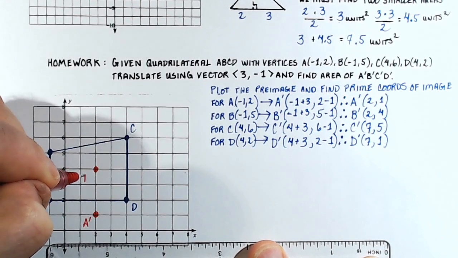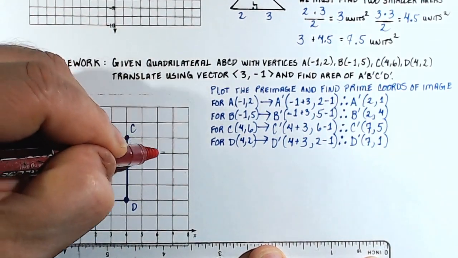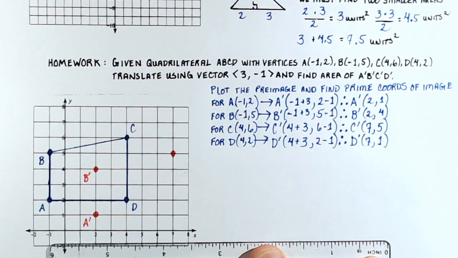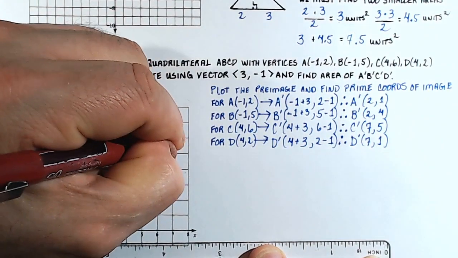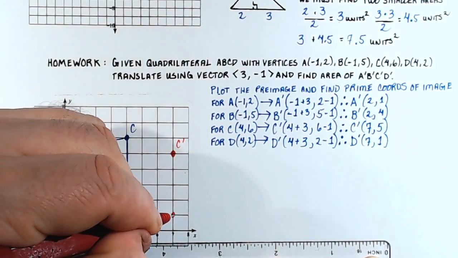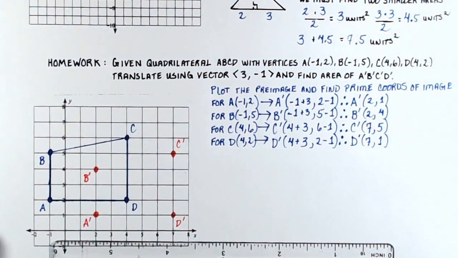B prime. C prime is located at 7, comma 5, and that's here. C prime. D prime is located at 7, comma 1, right here. D prime.